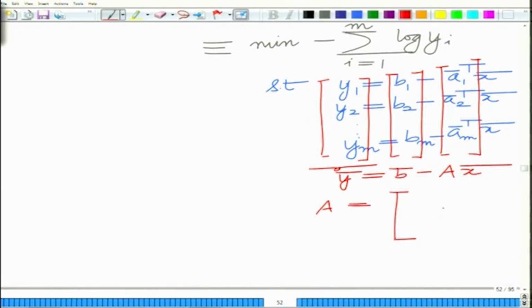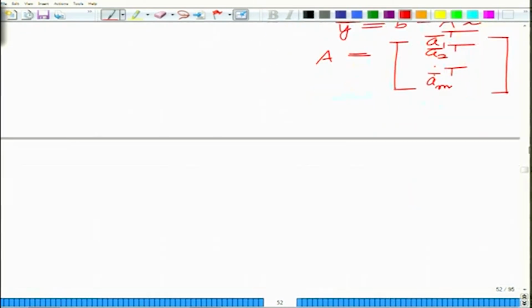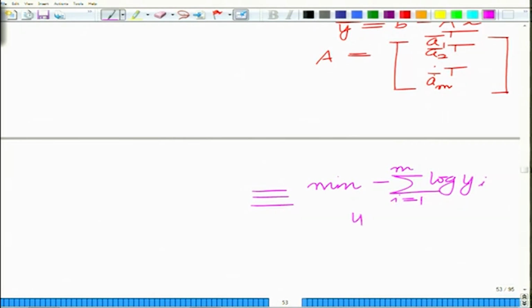A is the matrix with rows a1 bar transpose, a2 bar transpose, up to am bar transpose. Okay. So, basically I can write this equivalently as minimize minus summation i equals 1 to m log yi subject to the constraint y bar equals b bar minus A x bar.